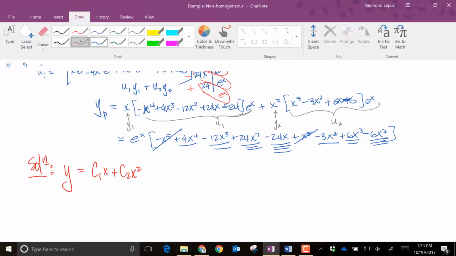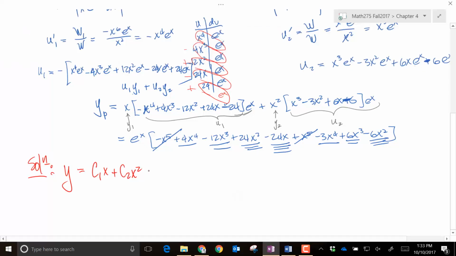So we had an opportunity to simplify our y particular. And then here's what we got, x to the 4th. So that's done. Minus 6x to the 3rd, that's done. Minus 18x squared. And then the last one is plus 18, minus 24x squared.